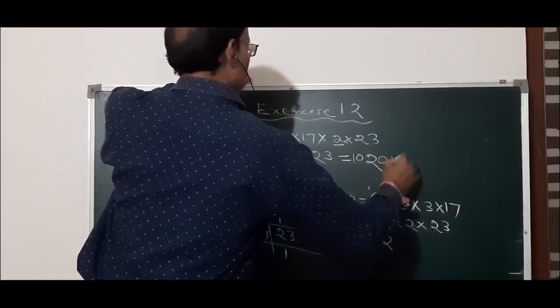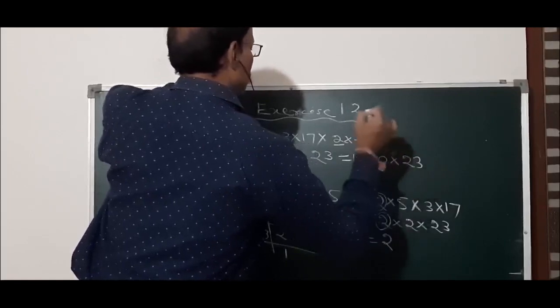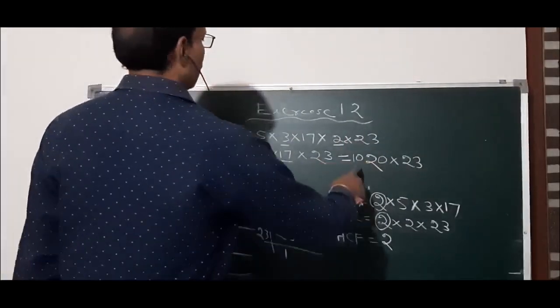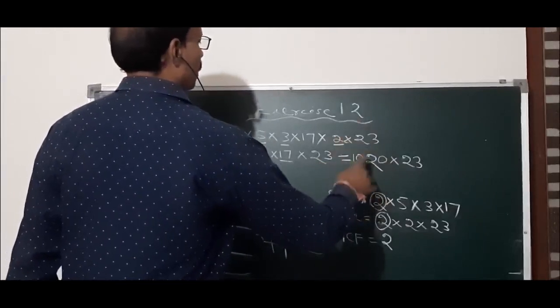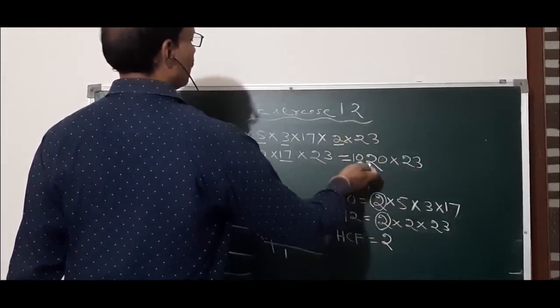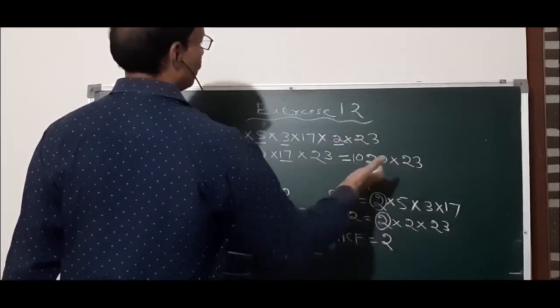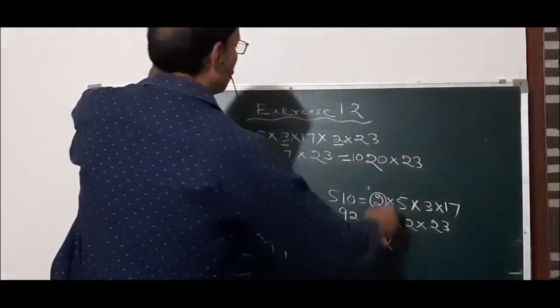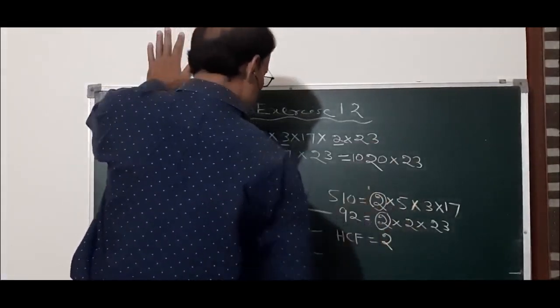Then multiply by 23. So to multiply 1020 by 23, we just multiply 102 with 23, then automatically 0 will be added. So what will it be? So let's multiply first.